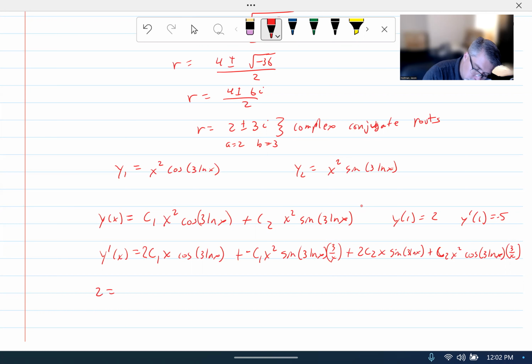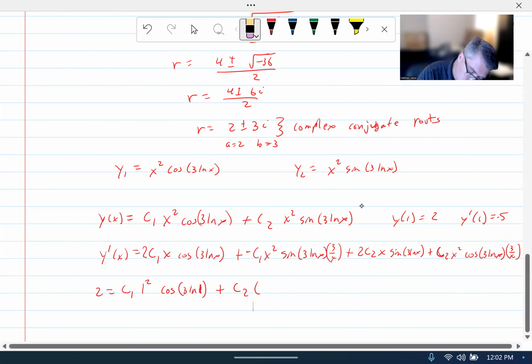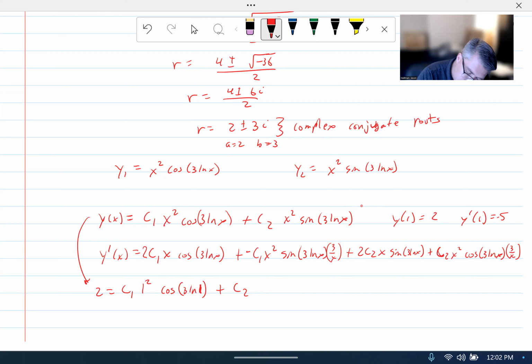So 2 is equal to C1 times 1 squared times the cosine of 3 times the natural log of 1, plus C2 times 1 squared times the sine of 3 times the natural log of 1.